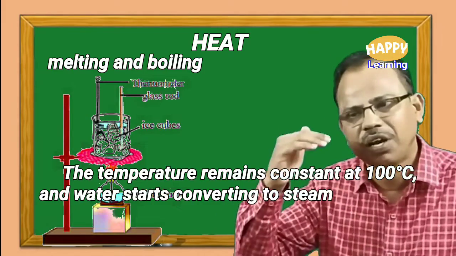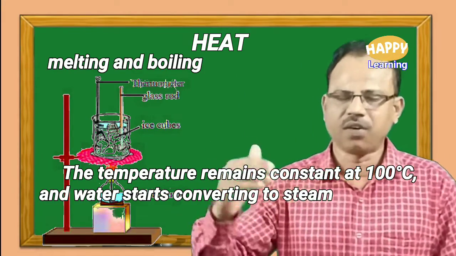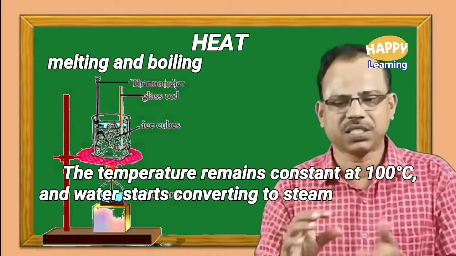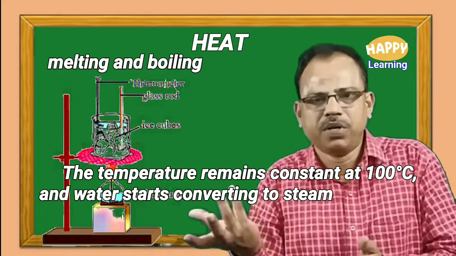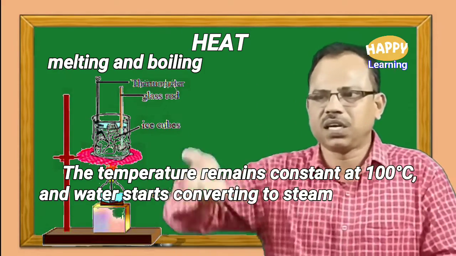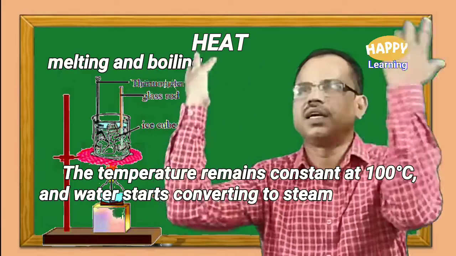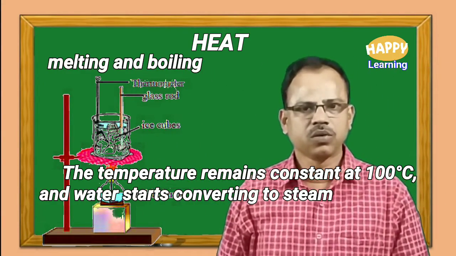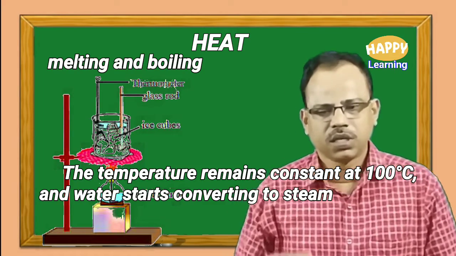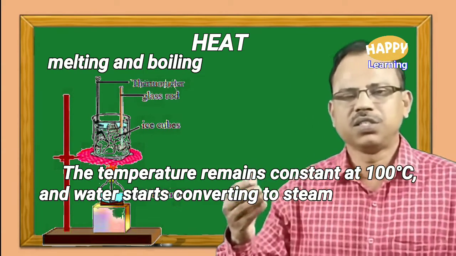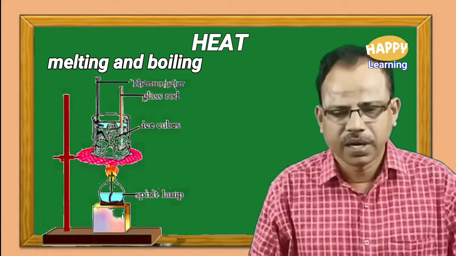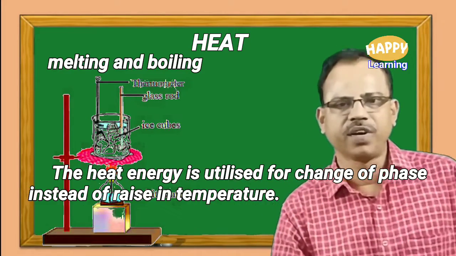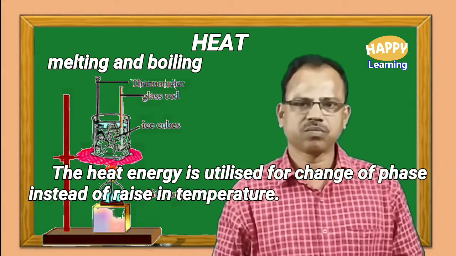Here the temperature remains 100 degrees Celsius for a while, and this water starts converting into gas. Boiling started, bubbles started, gas is coming out of the water and escaping into the atmosphere. So this water is now converting into gaseous form. The heat energy given is utilized for change of phase instead of raising temperature.